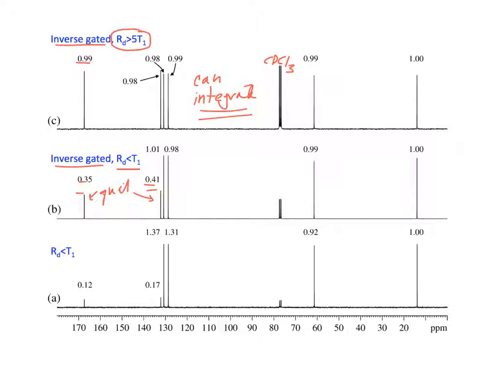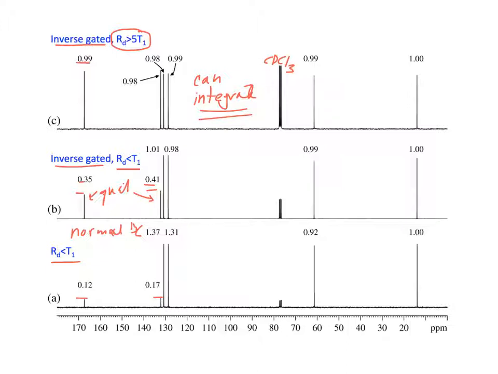And then if we just have a normal C13, normal decoupling, with a short relaxation delay, then look at these quaternary carbons, they are really small. So this is a combination of not allowing those carbons to relax completely, and those carbons not benefiting from any NOE from attached protons as well.